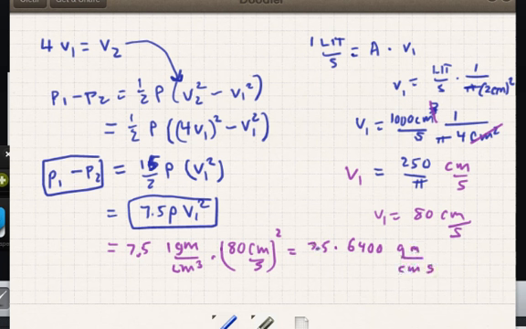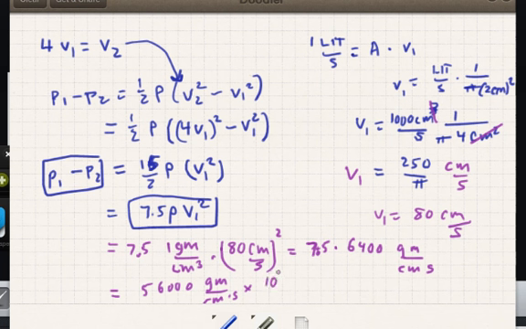Now you can see I have a bit of a problem with the units here. 7.5, here's a number that I have to compute. Roughly 8 times 6,000, I'm going to call that 56,000 grams per centimeter second squared.